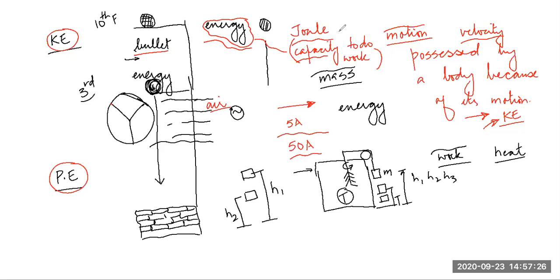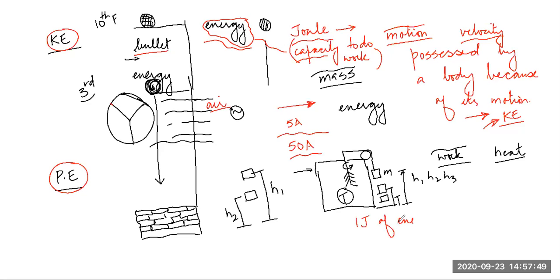The unit of energy is joule, you know. And how do I define, students, 1 joule of energy? You can say 1 joule is the energy required to do 1 joule of work. Can you speak again with me? What is 1 joule of energy?